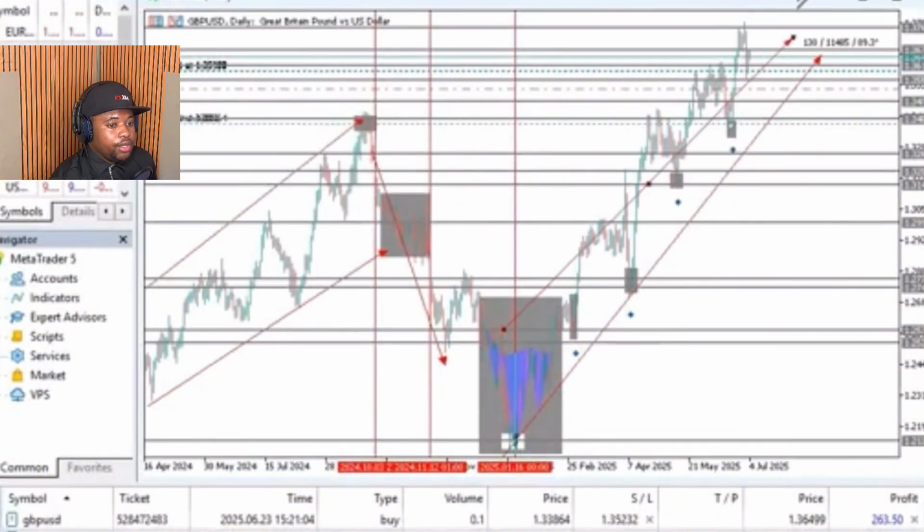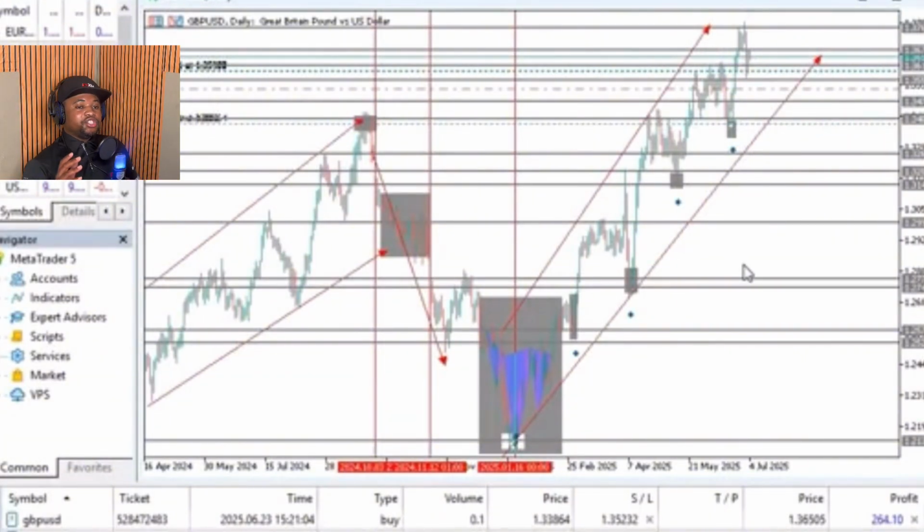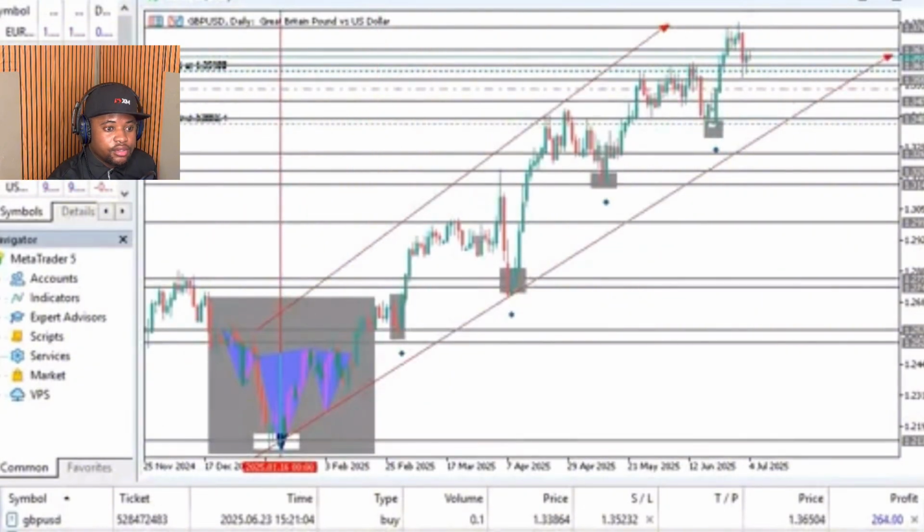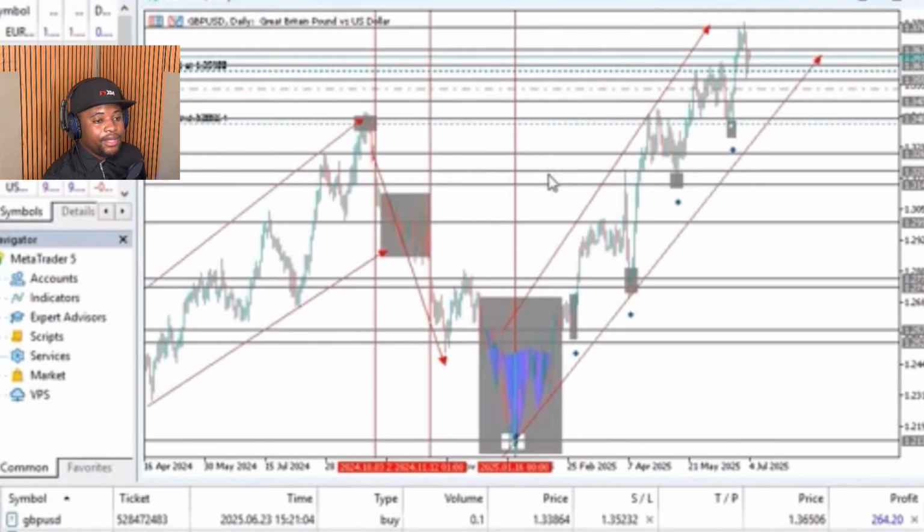So seeing that we have a bullish move to the upside, we know that as soon as the market reaches its zone, we have full understanding and full market direction where the market will go, right?